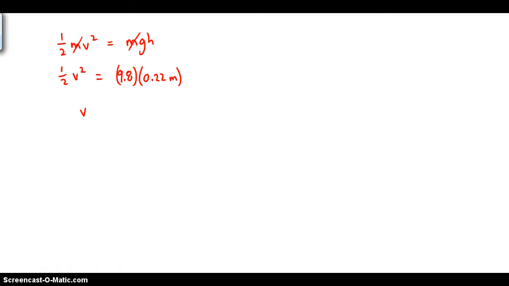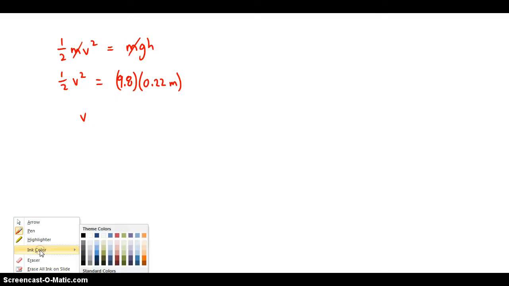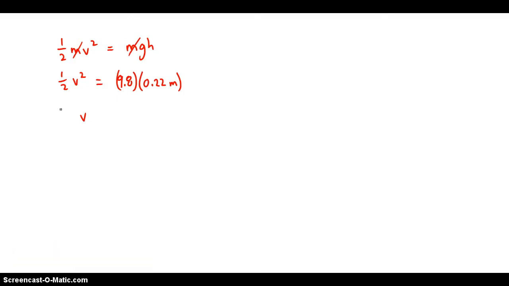To get V all by itself, first I'm going to multiply this by 2. And then I'm going to take the square root of both sides.